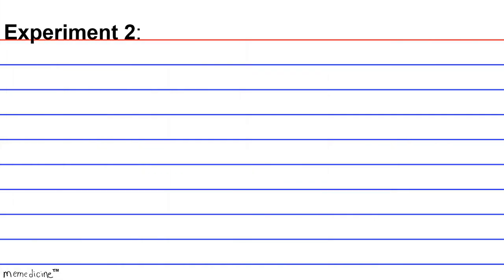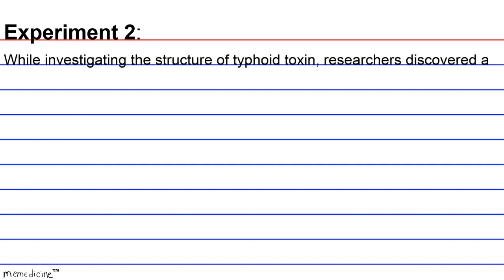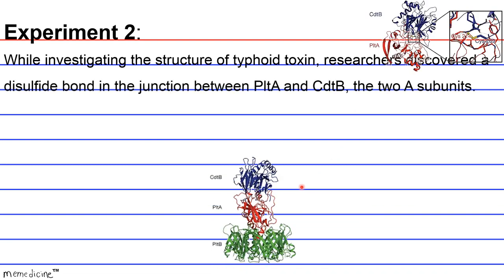Experiment 2. While investigating the structure of typhoid toxin, researchers discovered a disulfide bond in the junction between PltA and CdtB, the two A subunits.